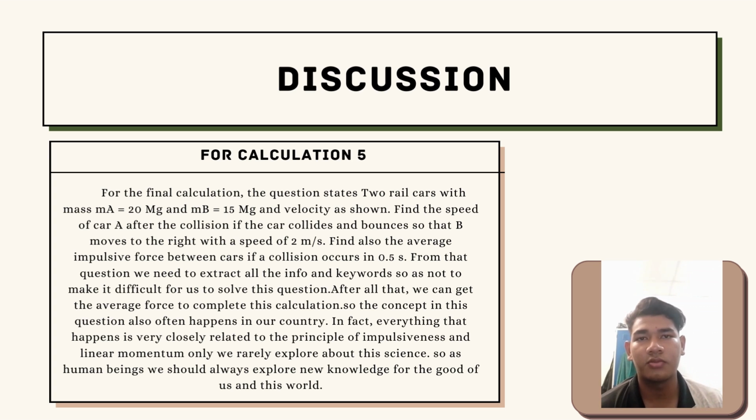So we have to apply the impulse and momentum formula, which is MA VA1 plus the integral of F dt equals MA VA2. After all that, we can get the average force to complete this calculation.